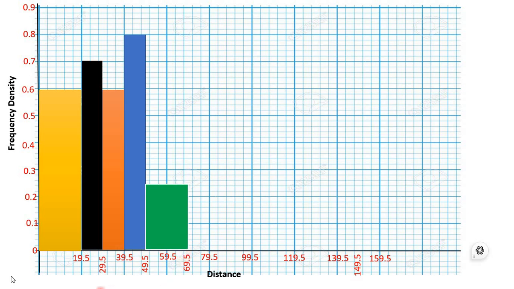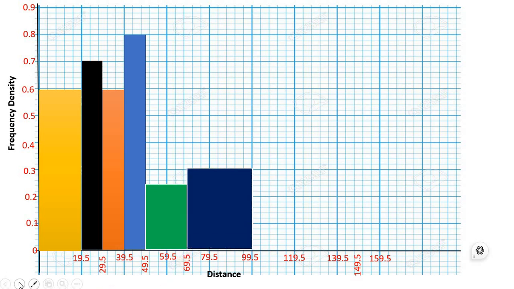That is the boundary. The next one has a frequency density of 0.3. You can see it's also connected. You just move it up, and it ranges from 69.5 to 99.5.